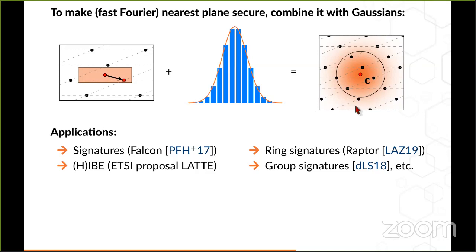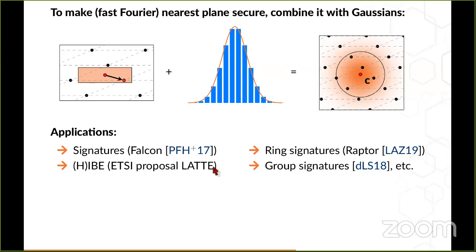Then we obtain a sampler which samples a point in the lattice, and we can show that it follows a discrete Gaussian distribution. Just to mention a few applications of schemes that use fast Fourier sampling: in Falcon, this is the sampler that we use in the signing procedure.